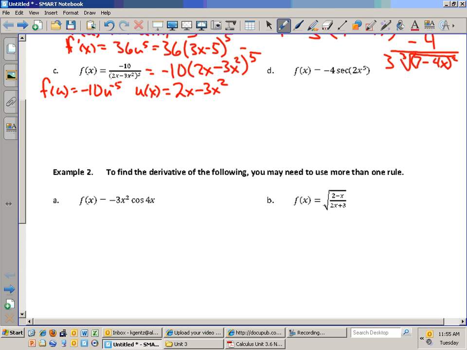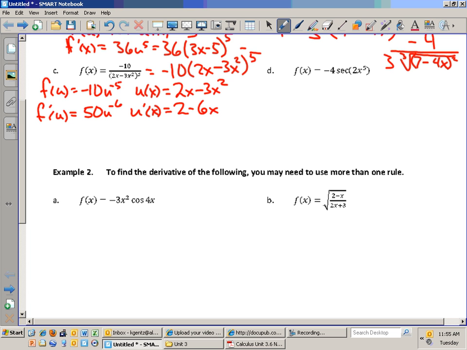I derive each. f prime of u would be what? What's the derivative of that? 50u to the negative 6th. And u prime of x would be 2 minus 6x.